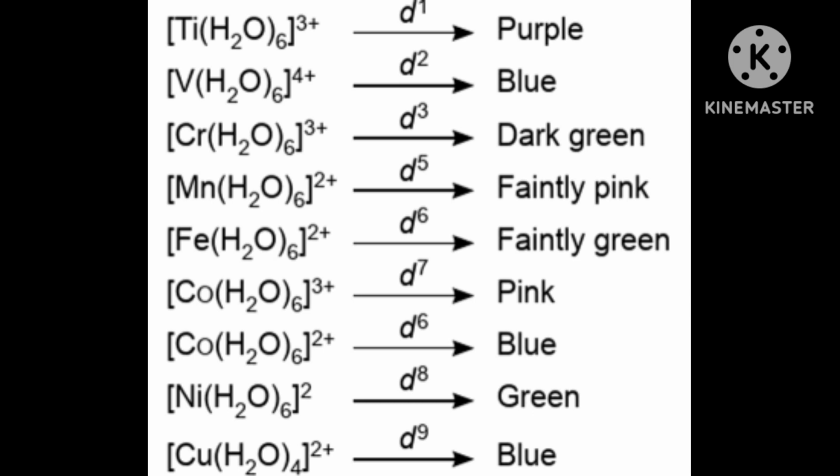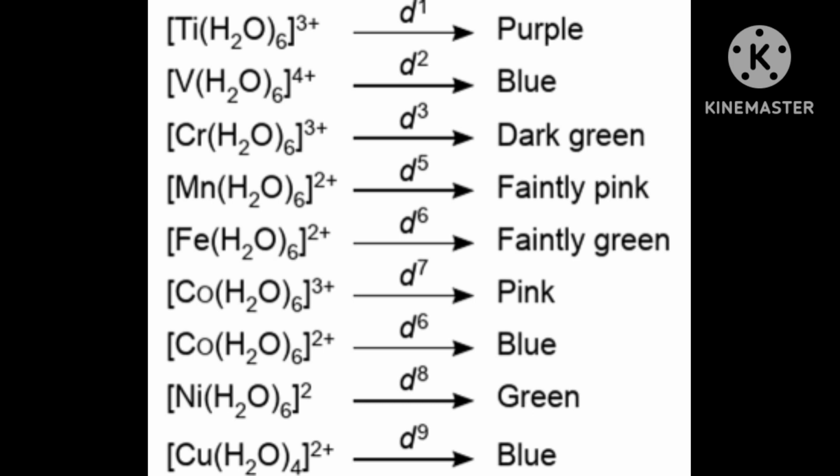Now suppose one more en is entering, so 3 en enter and the 2 H2O go outside. Then the new complex will be [Ni(en)3]2+ in aqueous solution.